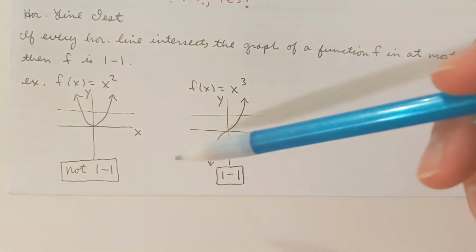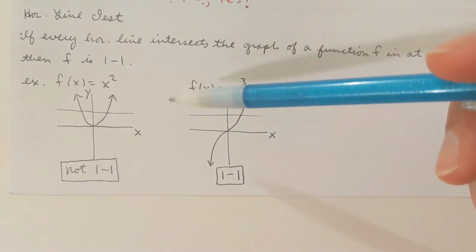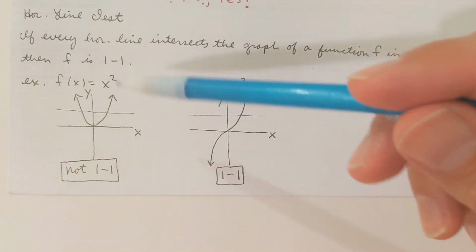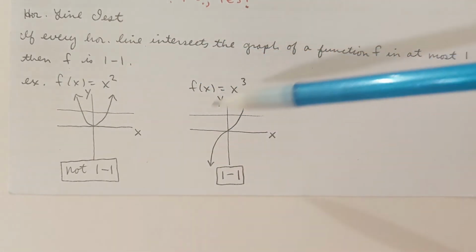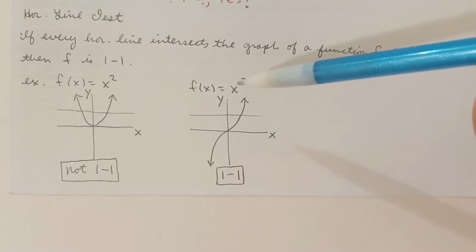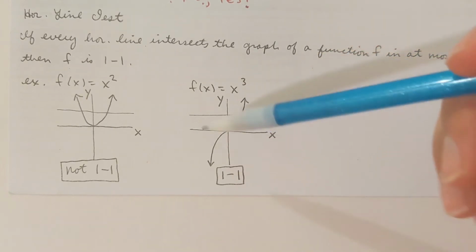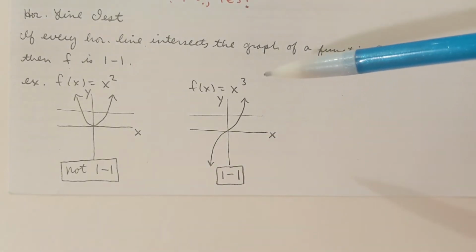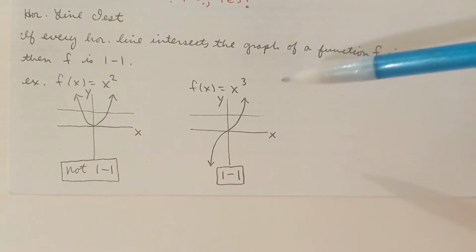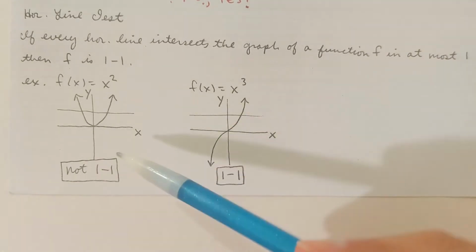This is not 1-to-1 because it fails the horizontal line test. Okay, it's a function, but it's not a 1-to-1 function. Now over here, I've got f of x equals x cubed. And this will pass the horizontal line test. So I can use f inverse if I want to. It's 1-to-1. This one is not 1-to-1.